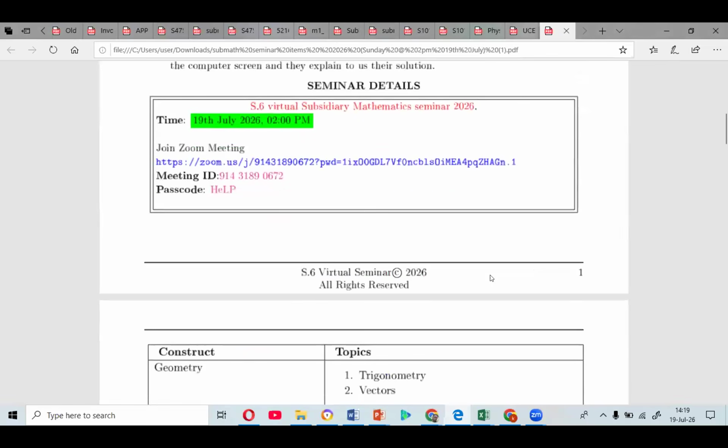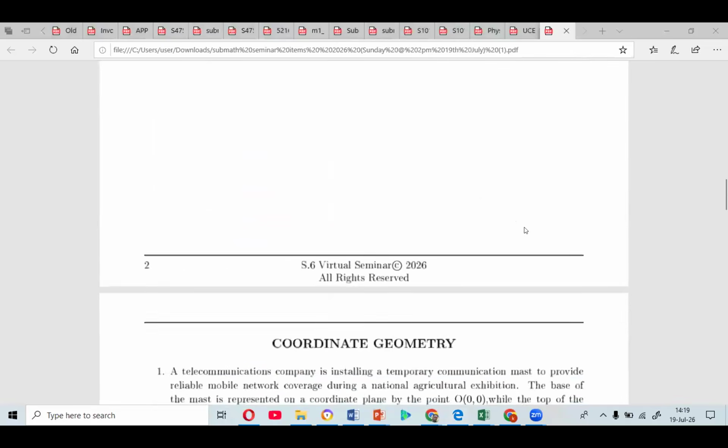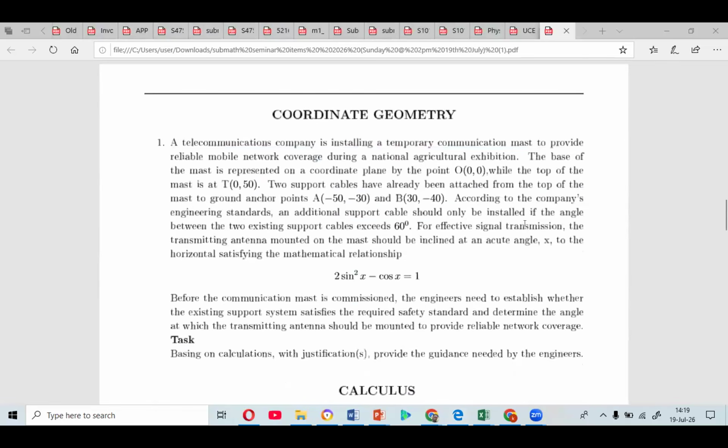Yesterday and the other day, we shared the items that we are going to be using. I have already shared those items here in the chat, but I will also reshare them, so that people who have not yet accessed them can access them. At the moment, I'm displaying them on my screen so that you know which items we are going to do.